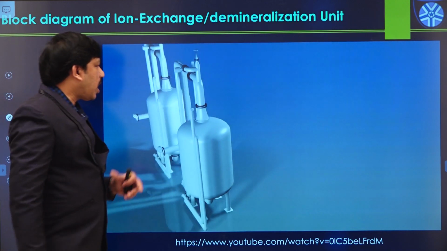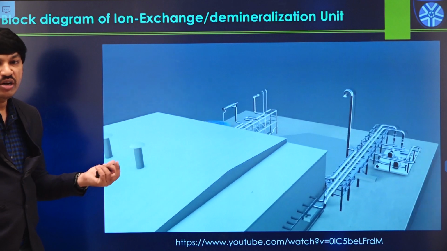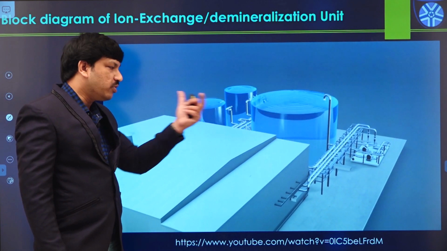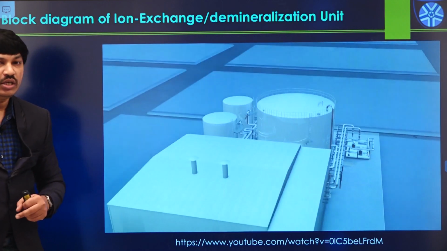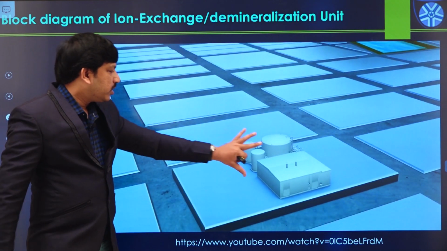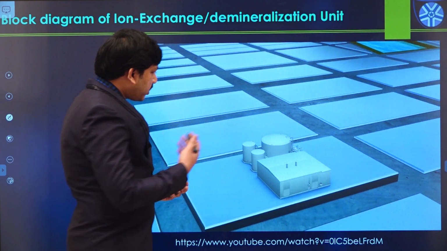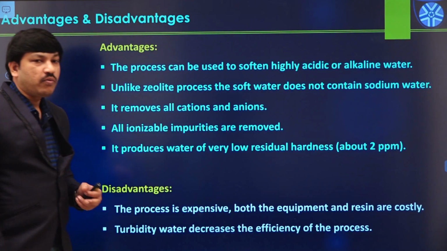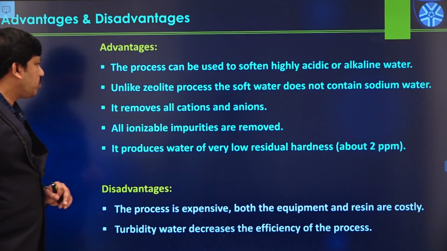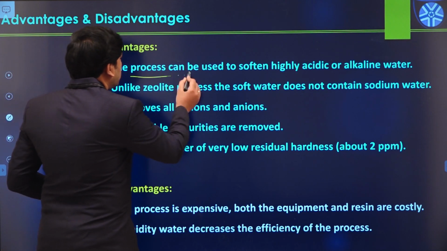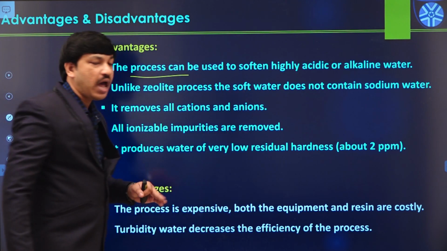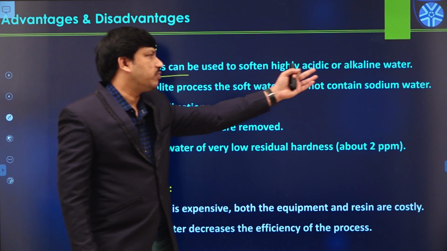So the ion exchange method is one of the crucial methods in various industries. They purify the water sample by using this method, maintaining a system like this. What are the advantages and disadvantages of this method? The advantage is that this process can be used to soften highly acidic water or highly basic water.